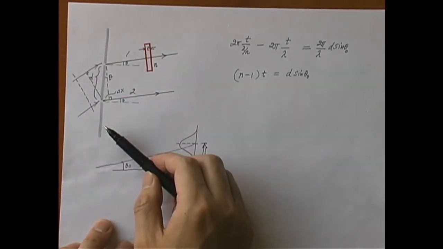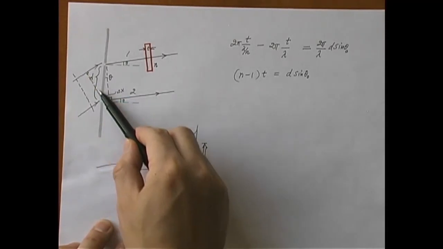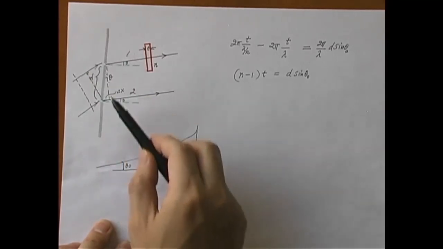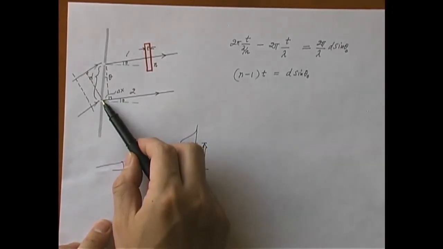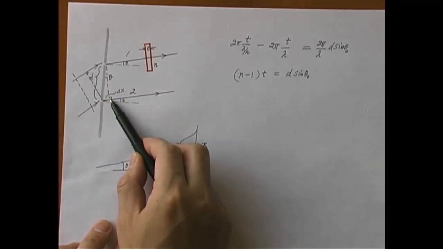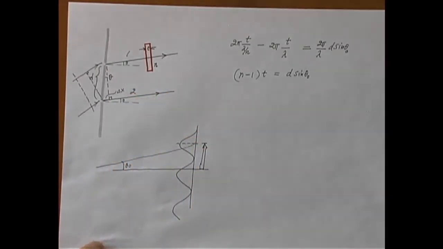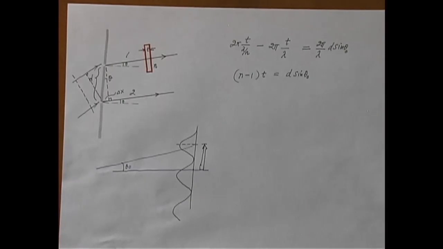Of course, along that line, that's the same wavefront, they have the same phase, so you use that as a reference line. The first wave travels an extra distance that much, the second wave travels an extra distance that much. So it is the difference between this length and that length that's responsible for the phase difference of these two waves arriving at the screen.